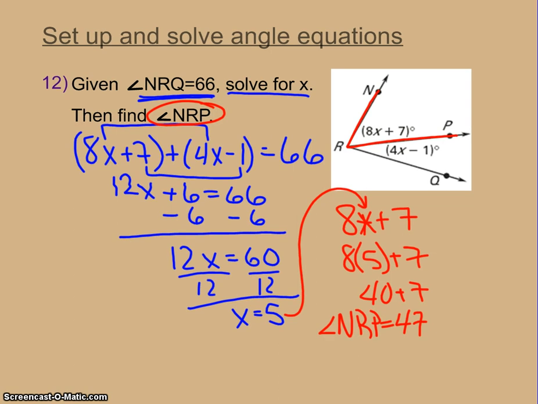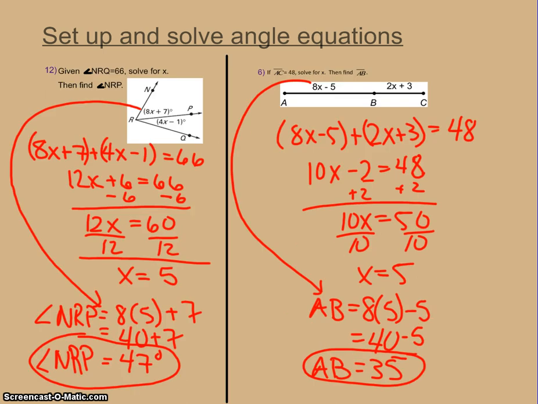So now that we've done the angle addition, I want you guys to remember segment addition and how closely these ones are aligned. If we look at these two problems, this was number 6 from video number 2, and then the problem that we just did, they are set up exactly the same. We take our two parts for our angle addition equal the whole. For our segment addition, our two parts added to each other equal the whole.